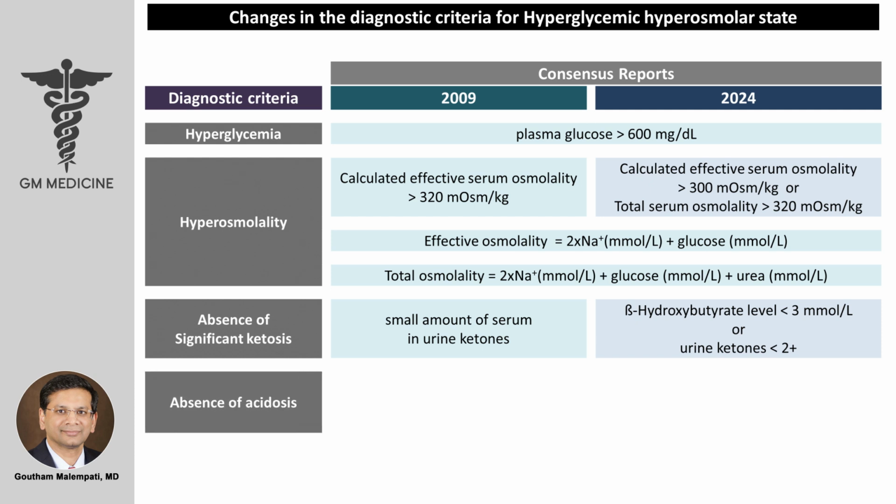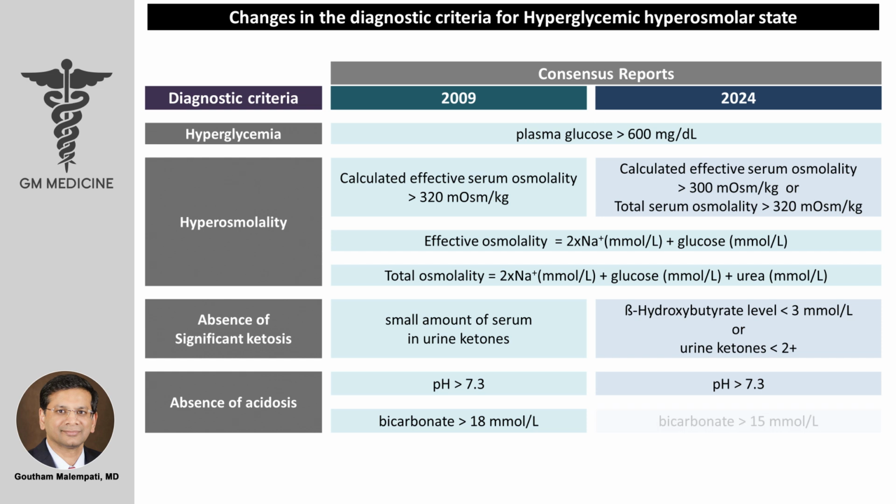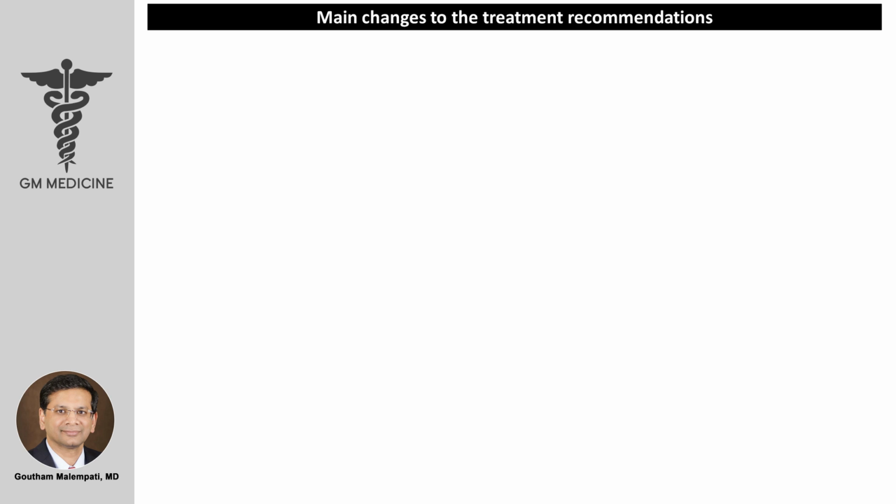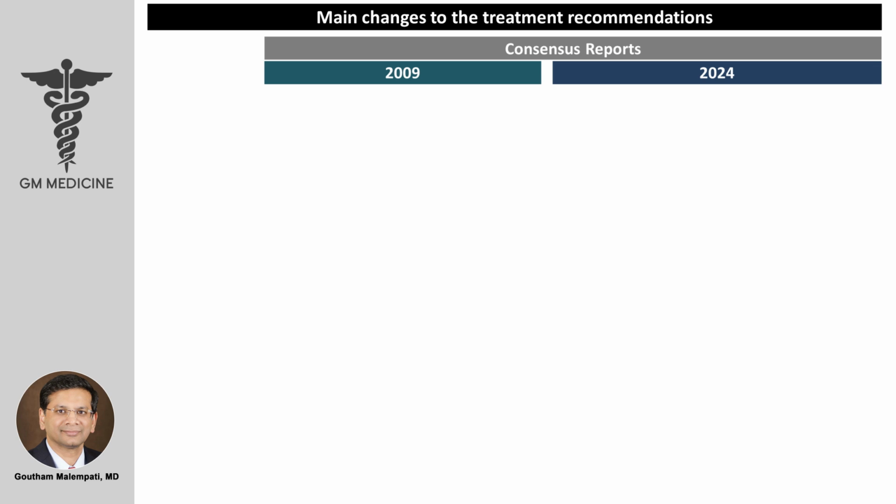For absence of acidosis, in the 2009 report it was defined as pH greater than 7.3, bicarbonate greater than 18 millimoles per liter, whereas in the 2024 consensus report it is defined as pH greater than 7.3 and bicarbonate greater than 15 millimoles per liter. For mental status, in the 2009 consensus report, it was defined as stupor or coma, whereas in 2024, the mental status criteria was removed. Main changes to the treatment recommendations between the 2009 consensus report and the 2024 consensus report.